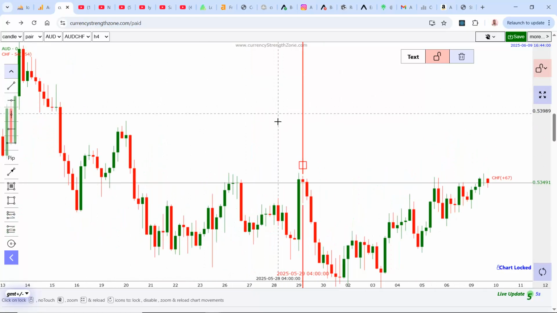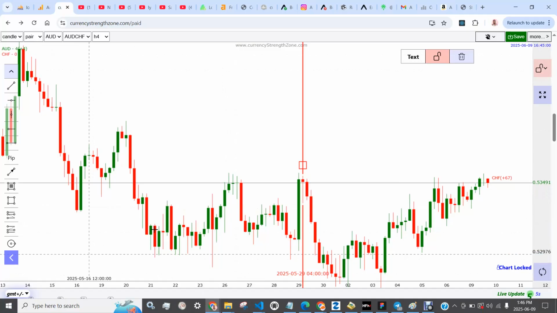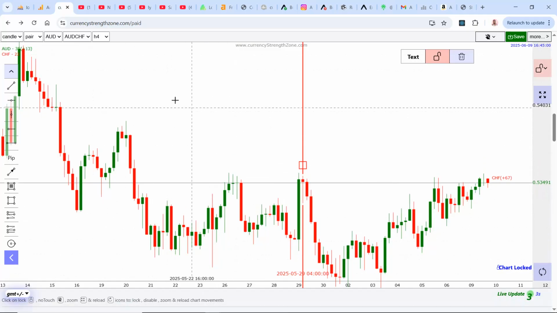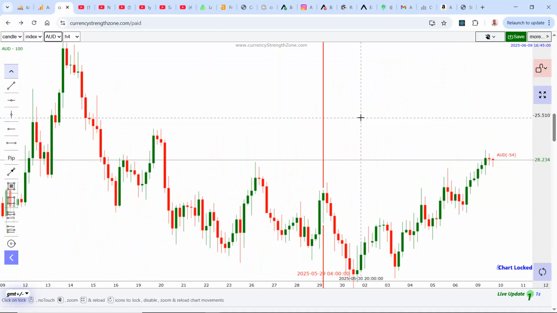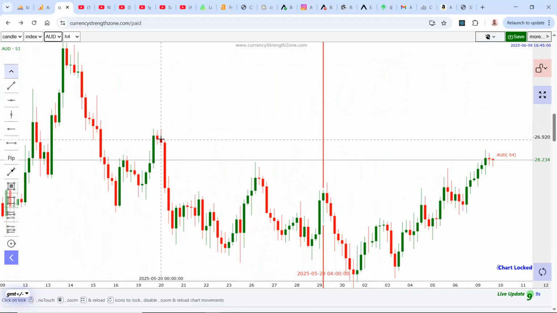First of all, we have to check if the Aussie index and the Swiss franc index are in agreement. So let's check Aussie.